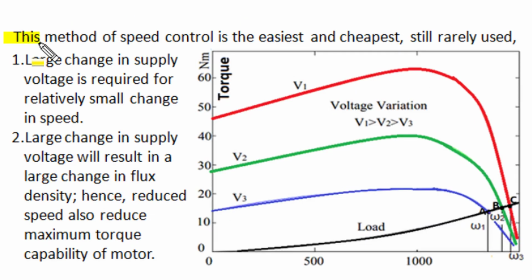This stator voltage method of speed control of induction motor is the easiest and the cheapest. It is very simple, convenient and economic, but still it is rarely used. There are two good reasons for that. The first reason is, in this stable region of operation, torque is proportional to the product of slip and voltage square.